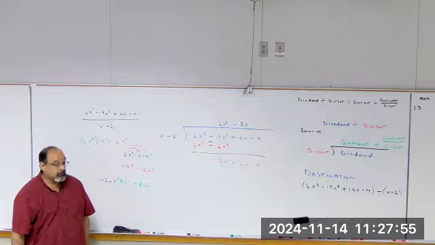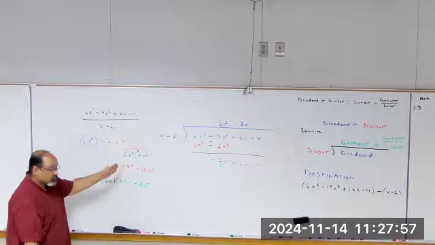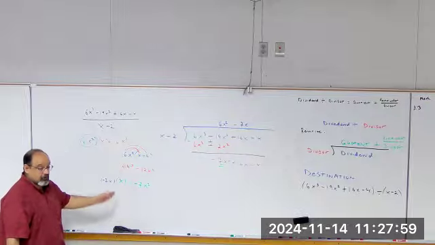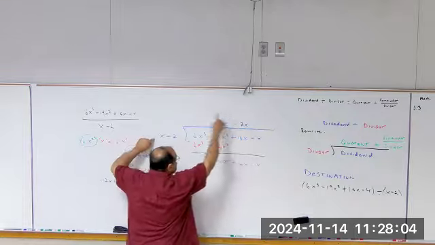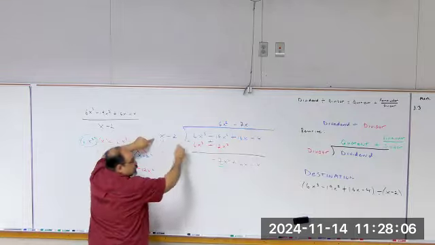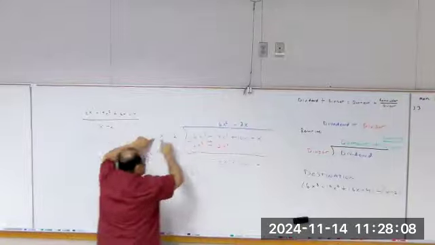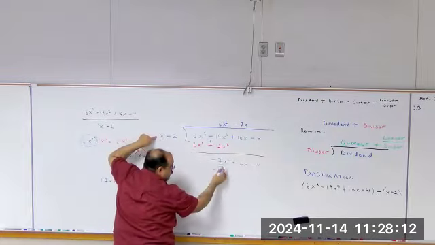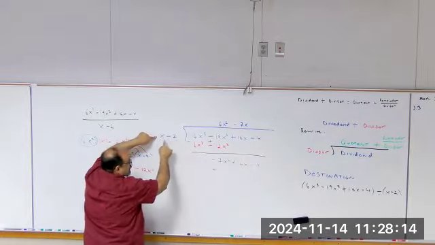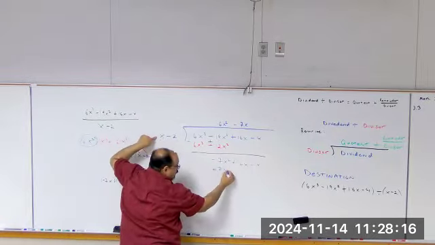Here's where I hope you end up. You don't have to do it on the side. If you have to, that's fine. I'm going to do it on the side as well. But once you make that choice, you know you're going to distribute. So you have a negative 7x times a positive x. A negative times a positive would be a negative. x times x would be a negative 7x squared.